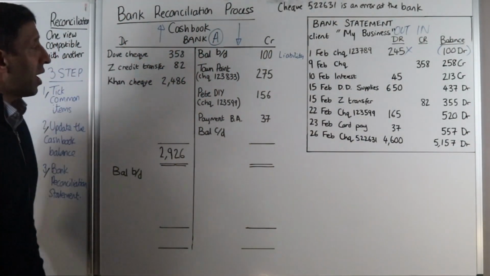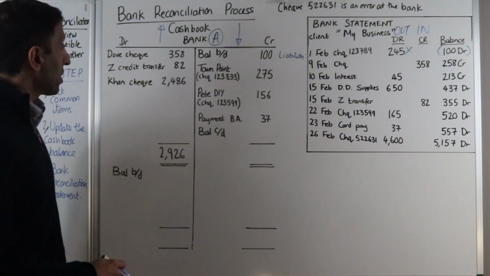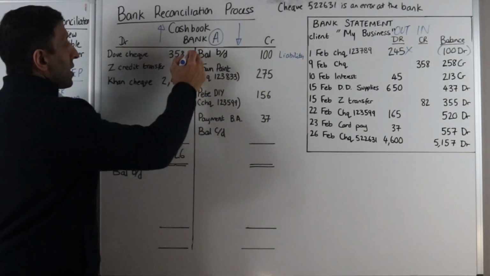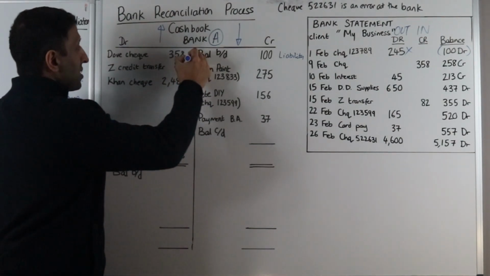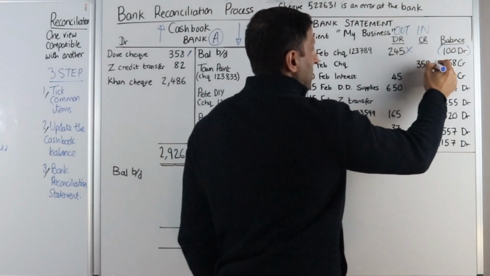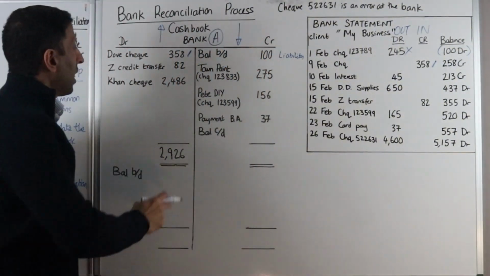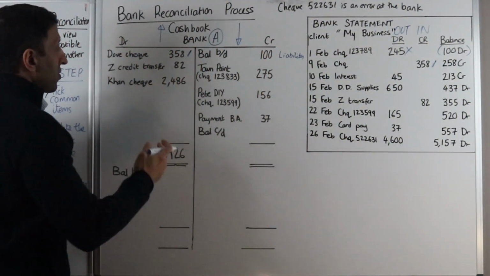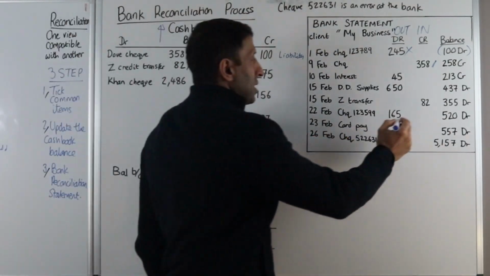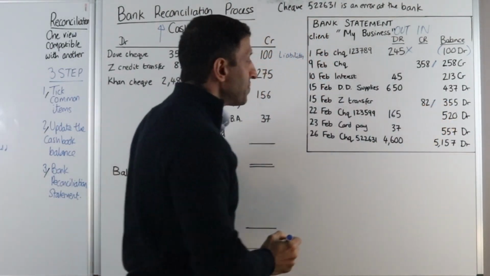Number one, we're going to take items that are common or the same in both. So let's look at this side. We have a 358, that money has essentially come into the business, and there's a 358, money has come into the business bank account. And then we have an 82, credit transfer into the business, and that matches with this 82 over here, so tick the item.